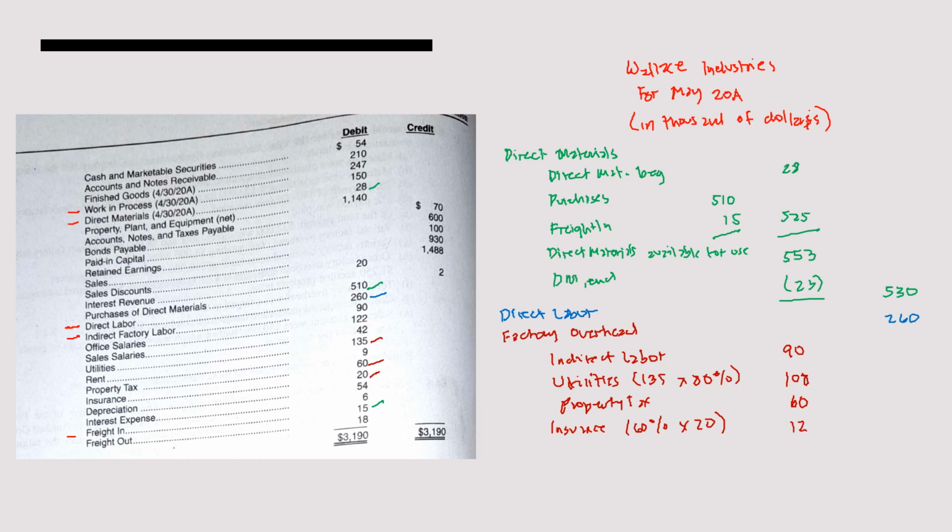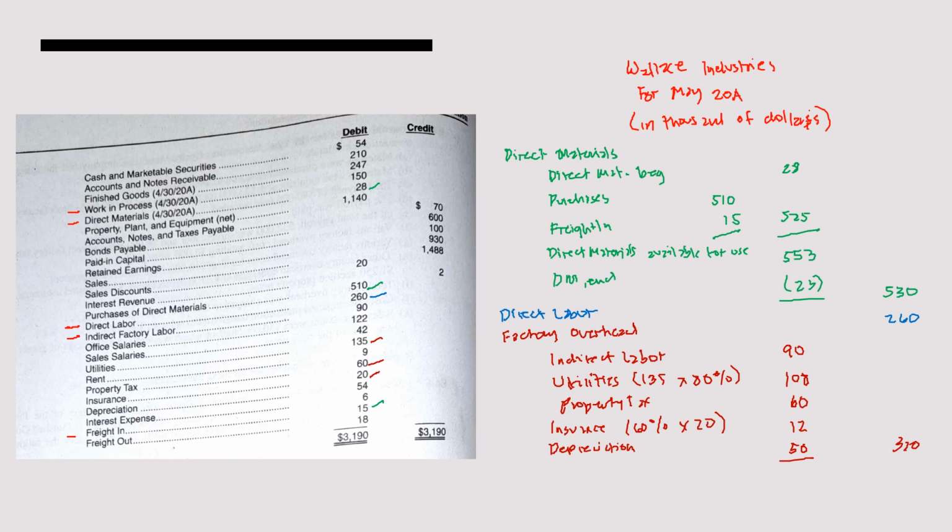And then your depreciation. The manufacturing plant was 20, manufacturing equipment is 30, so depreciation is 50. So the total factory overhead is 320.